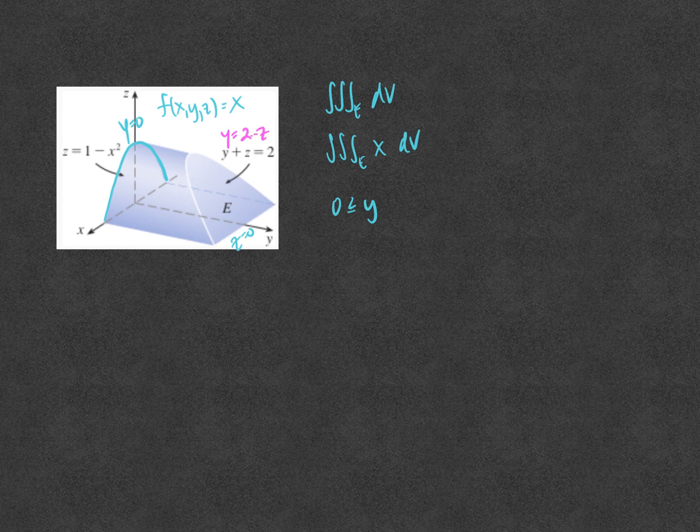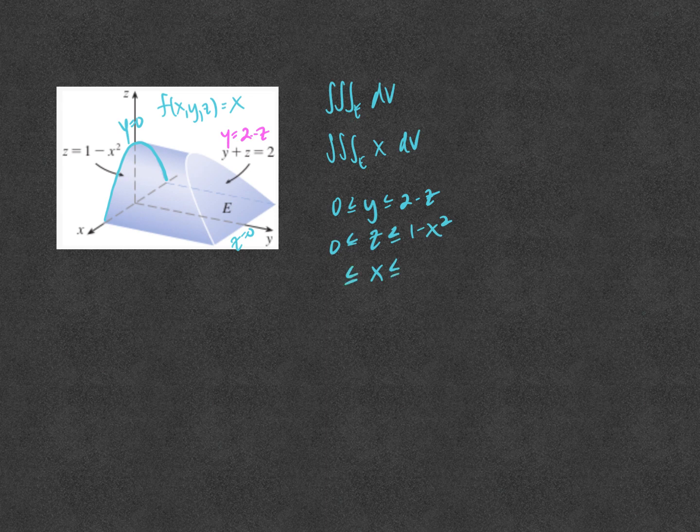So y is between 0 and 2 minus z. And then z is between 0 and 1 minus x squared. So that means since we have equations for the boundaries of both of those, our x needs to be values, not equations.